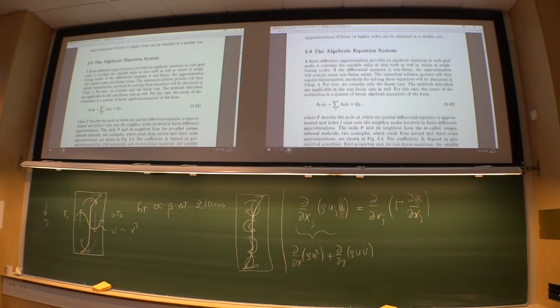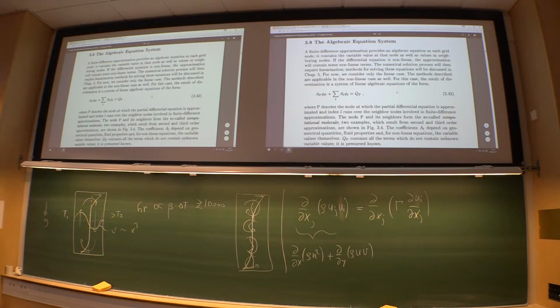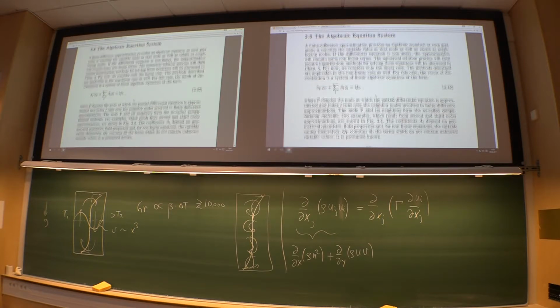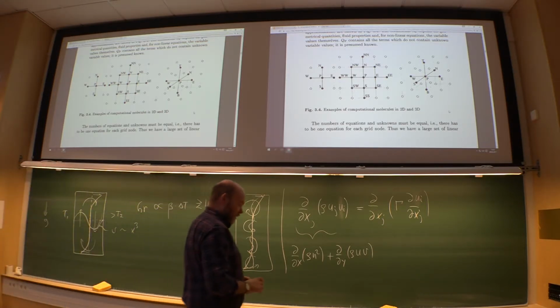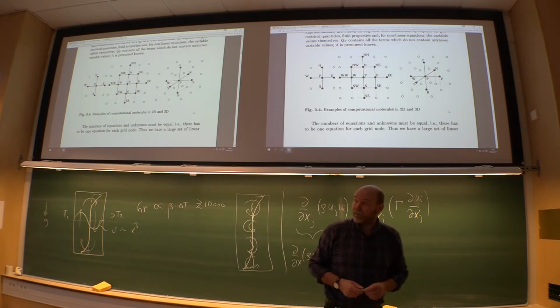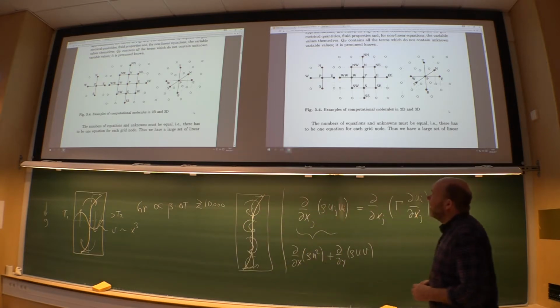And then finally, after having a discrete version of your partial differential equation, you get a bunch of algebraic equations, where almost everybody is using the same stencil, the same notation as Patankar did in his famous book from the 80s.